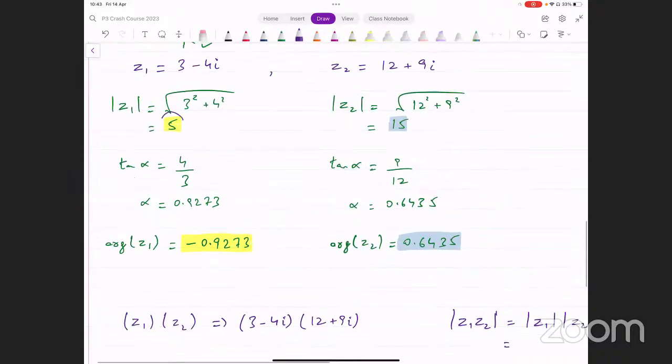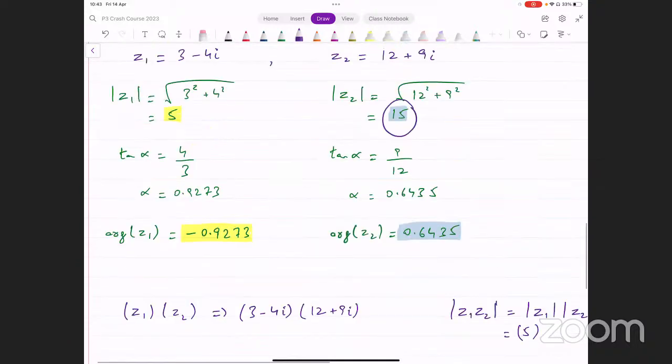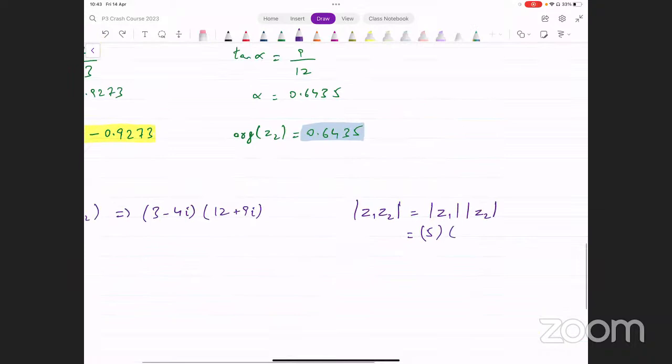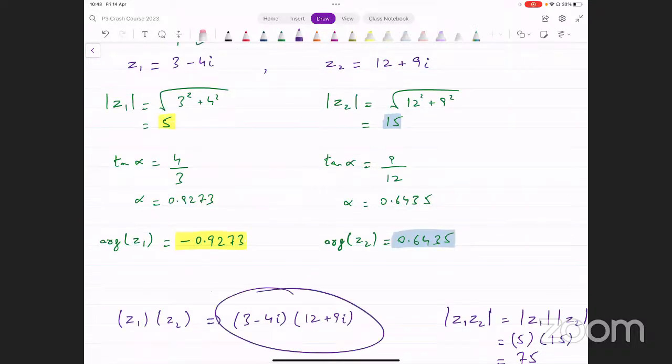The modulus of the first one is 5. So we have 5 here multiplied by the modulus of the second one, that's 15. We multiply 5 and 15 and see what we get from that. The modulus of this product should turn out to be 75. Without even evaluating this product, we can write down its modulus.